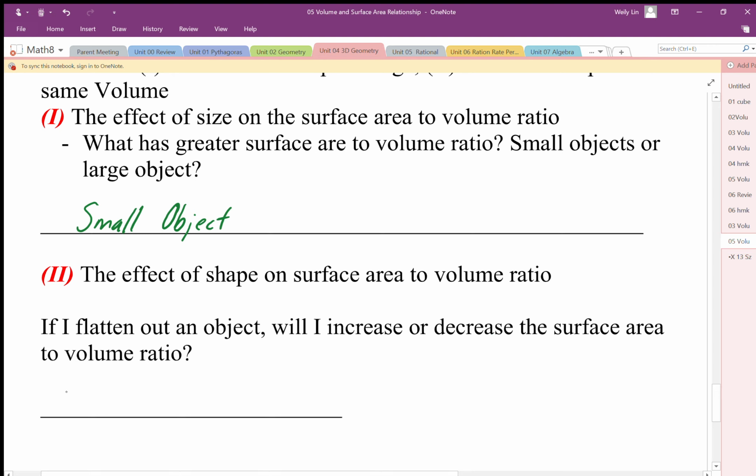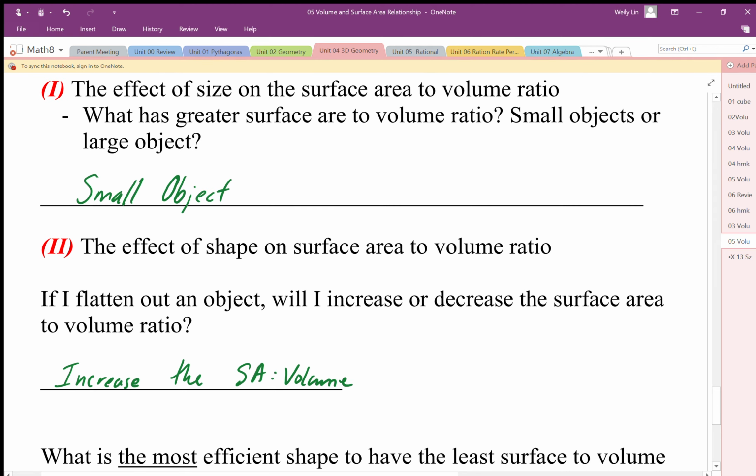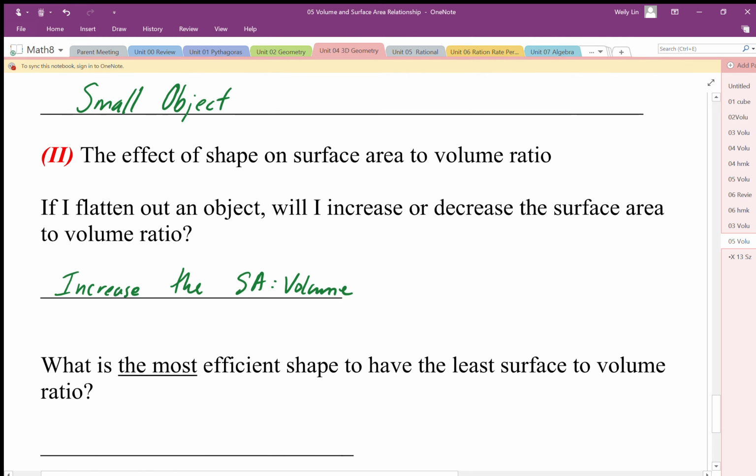Well, we're going to increase the surface area. Okay, so we're going to increase that surface area to volume ratio. So if we have lots of small pieces, we're going to have lots of surface area. If we make it wide and flat, we'll have lots of surface area.